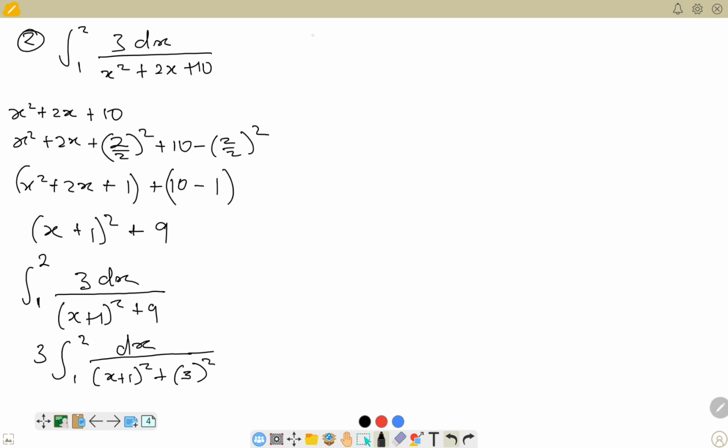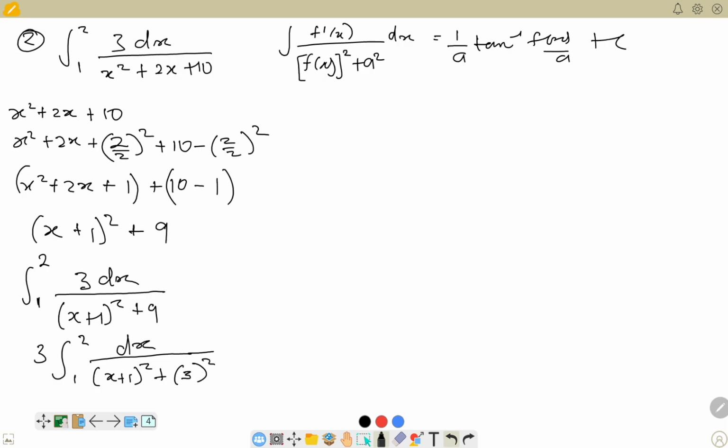The formula that we can use is the integral of f prime of x over f of x squared plus a squared dx is equal to 1 over a arctan of f of x over a plus c.